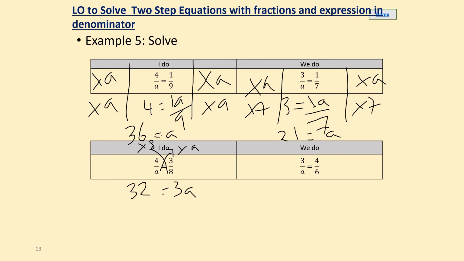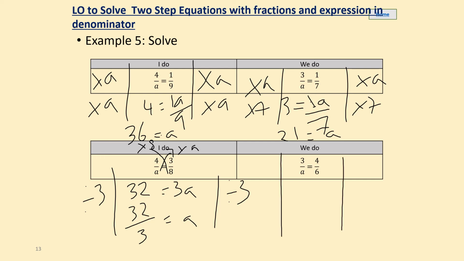So rather than doing A and then doing the 9, you multiply both sides at the same time. So you're multiplying one side by A and the other side by the 8. So 32 equals 3A. And then you could divide both sides by 3. So 32 divided by 3, which again you can simplify. Do this method here on this one.